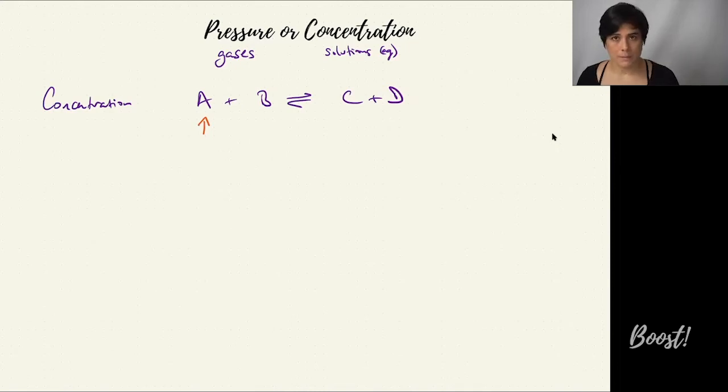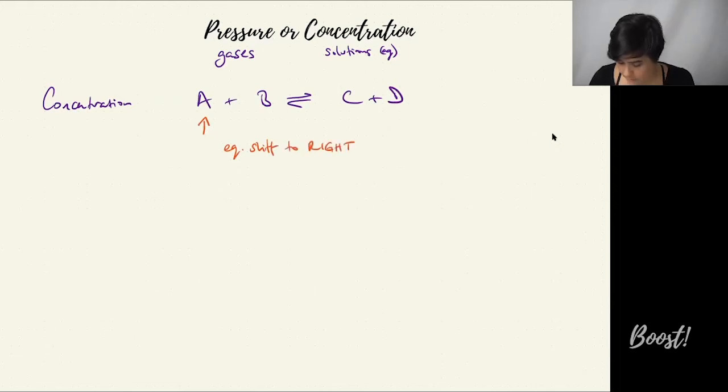So equilibrium is going to shift in order to decrease the concentration of A, which will be towards the right-hand side. So if we increase the concentration of A, then equilibrium will shift towards the right-hand side, and that will use up more A and B, and it will produce more C and D.